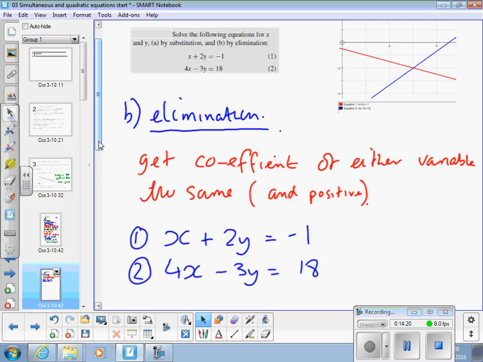So, what we need to do here, the best option would be to multiply the top equation, equation 1, by 4, and make the coefficient of x in that 4, so it becomes 4x. So if we write that here, multiply by 4, we're going to do it to that one.